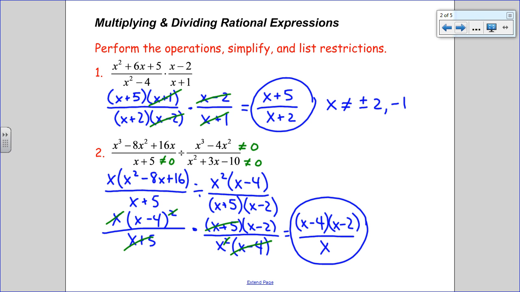Because if that were equal to 0, then we would be dividing the first rational expression by 0, which would result in an expression that's either undefined or indeterminate. So looking at the factored forms of those three polynomials, we can identify four restrictions on this problem. X cannot equal negative 5, 0, 2, and 4.